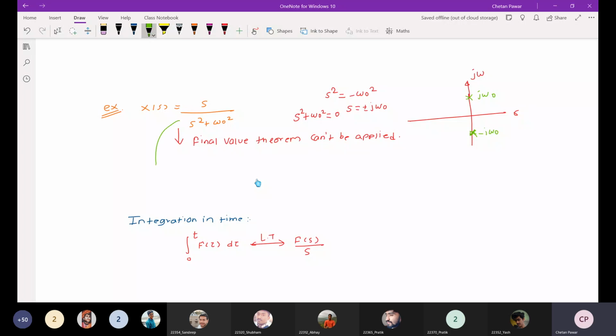If you find the inverse Laplace transform for this particular Laplace transform, what will be the x of t? Can anyone tell me? Cos omega naught t into u of t. If you see this particular cos omega naught t, the signal will be like this.